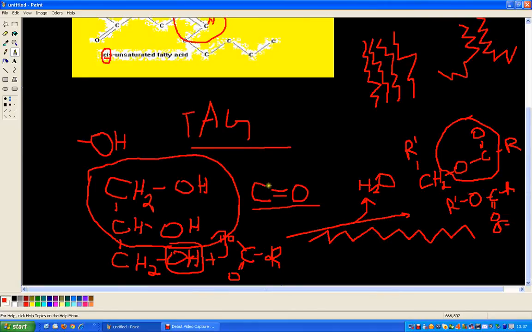So this is going to happen, this bond, for all 3 of these carbons. And it's going to become a TAG, triacylglycerol or triglyceride, with 3 fatty acids bound to each one of its carbons. What can happen is that just one more of these is bound.